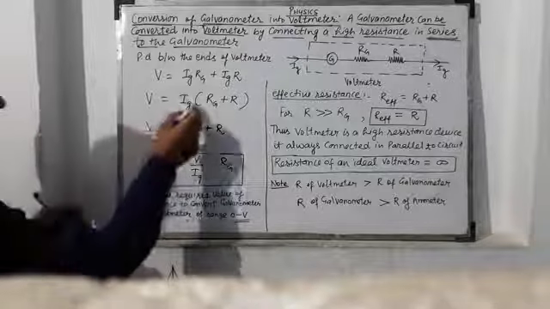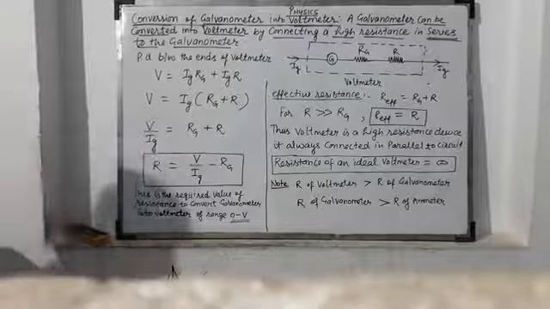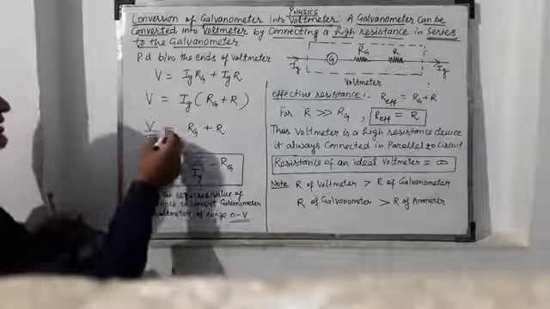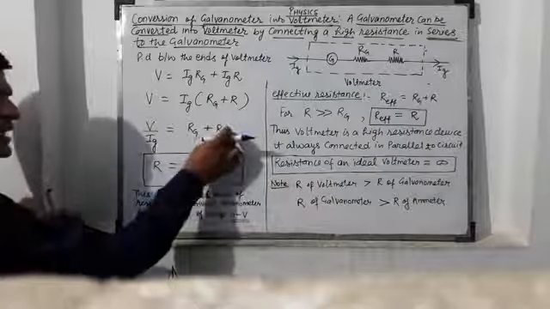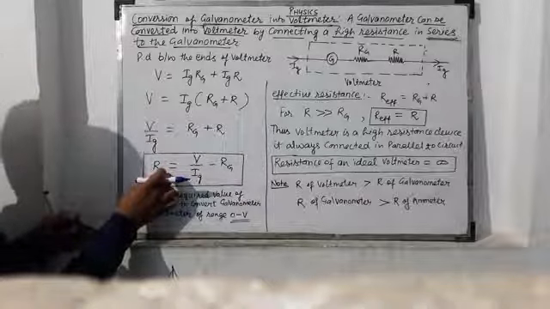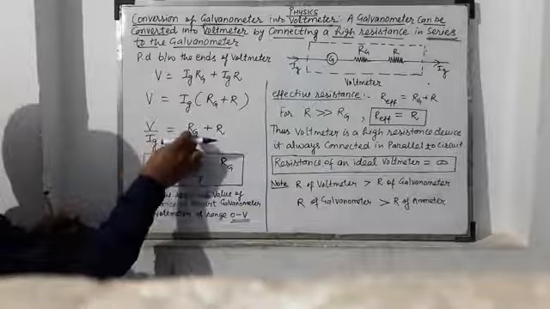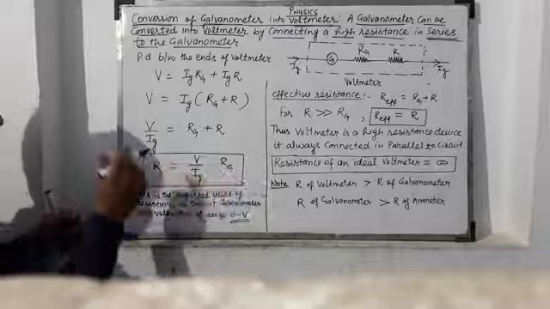Now Ig goes to the denominator, then V upon Ig is equal to Rg plus R, then we get R is equal to V upon Ig minus Rg.